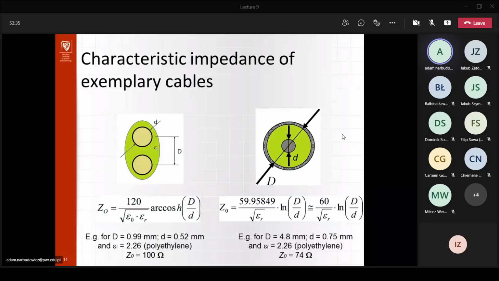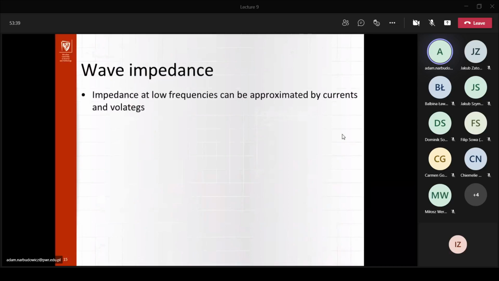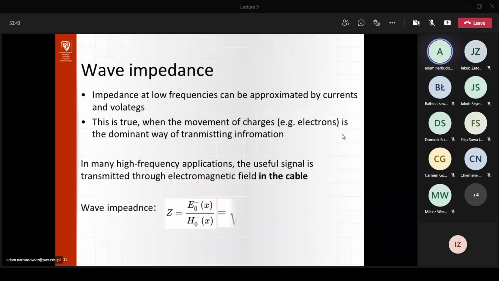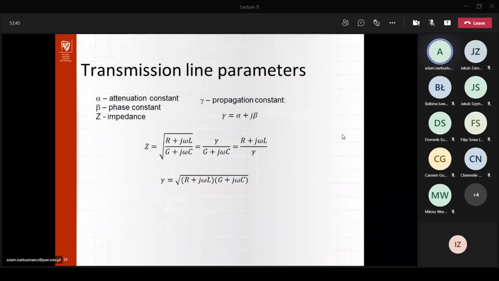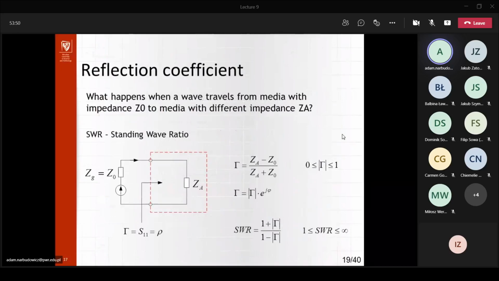Does anybody know why we need to use the same impedance for the cable and for the antenna? Or in other words, what would happen if the impedances of the cable and the input impedance of the antenna are different?